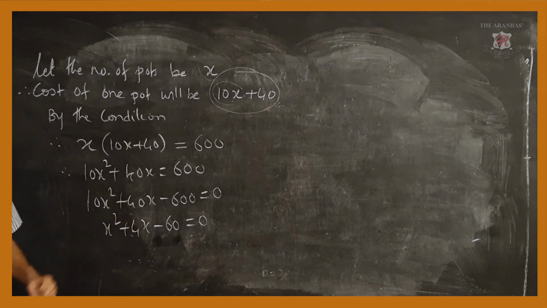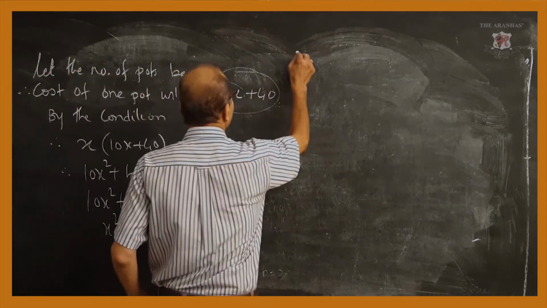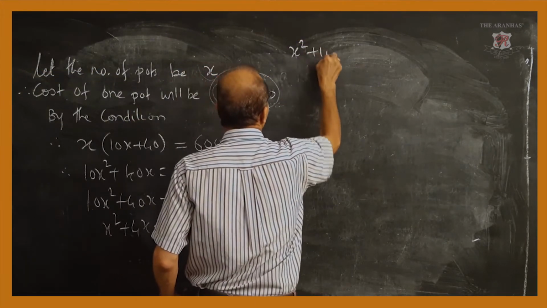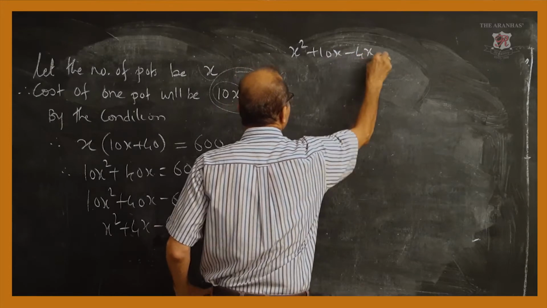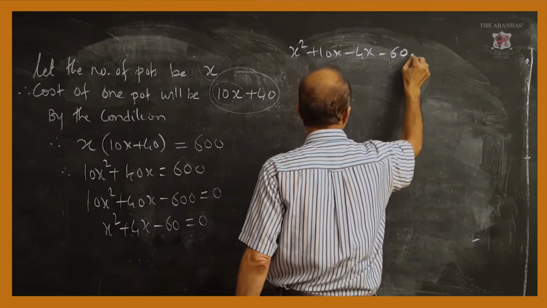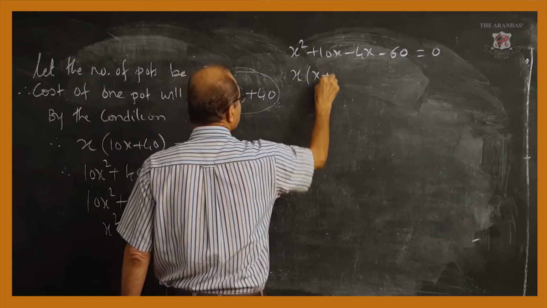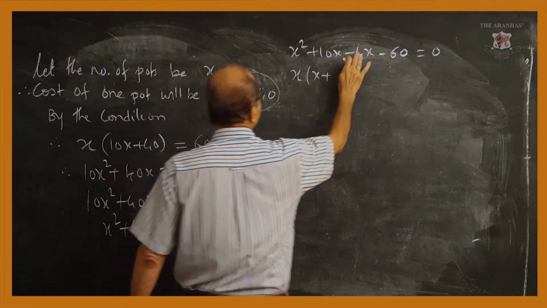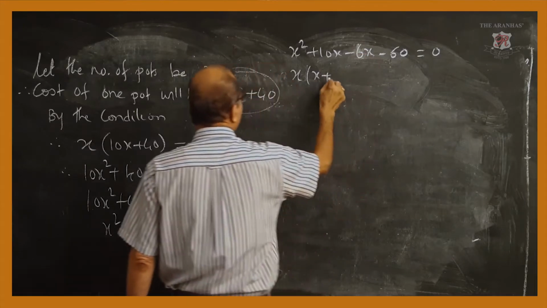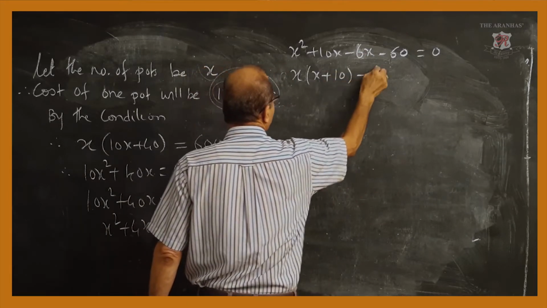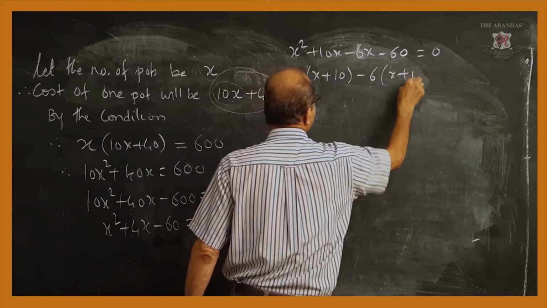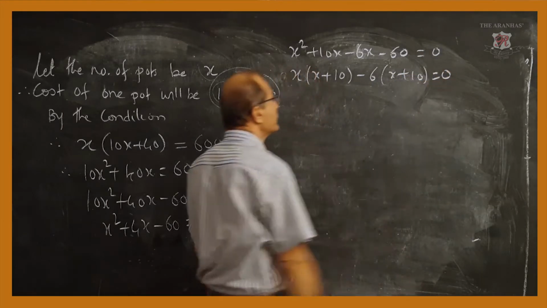So split the middle term. x square plus 10x minus 6x minus 60 is equal to 0. So x into bracket x plus 10 minus 6 into bracket x plus 10 is equal to 0.